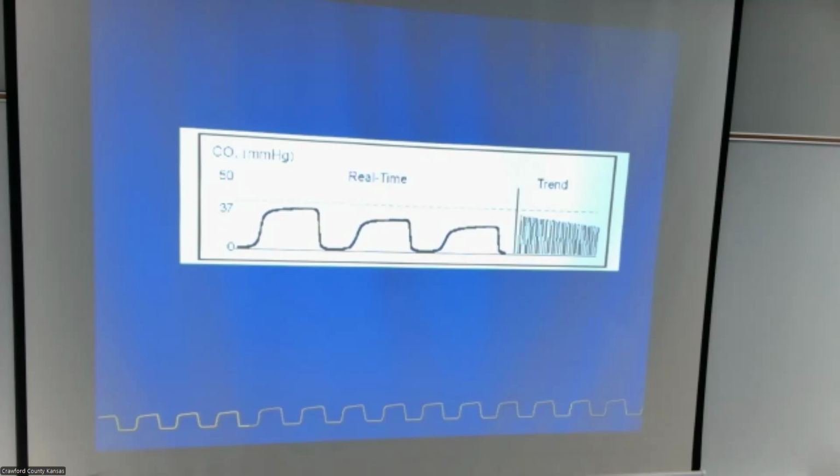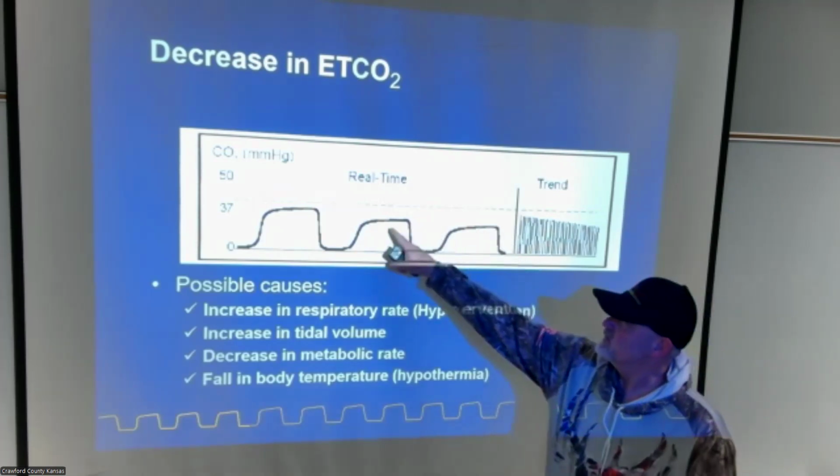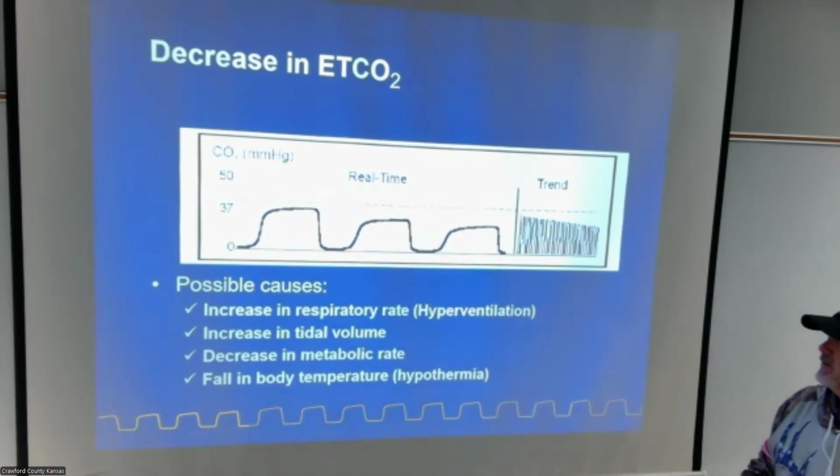And you go up from normal to low. Doesn't look like he's getting any narrower. Circulation. Increased respiratory rate. That's one thing that'll do it, but this is not increased respiratory rate because it's not got smaller.